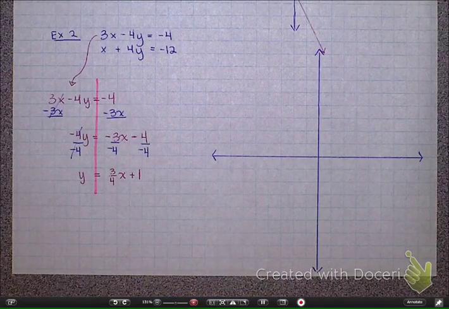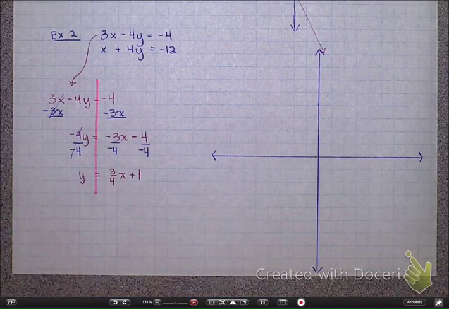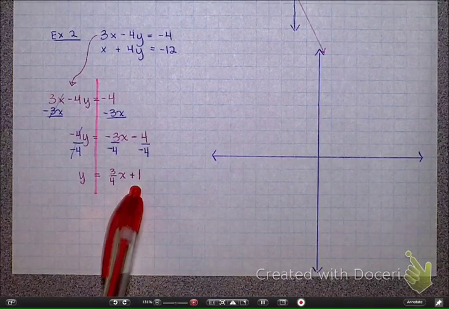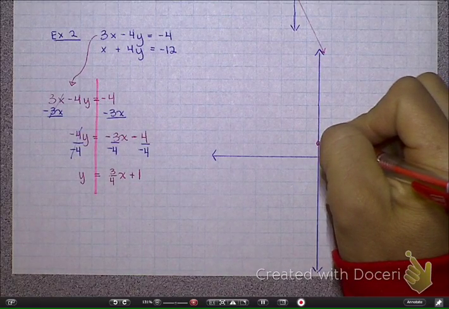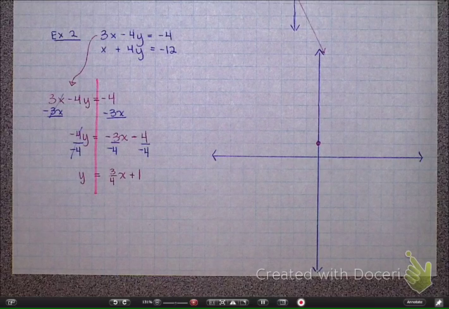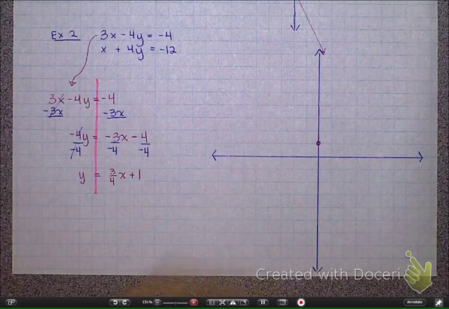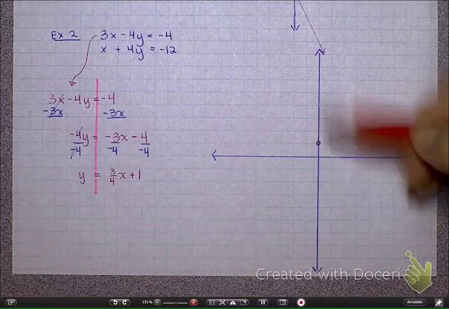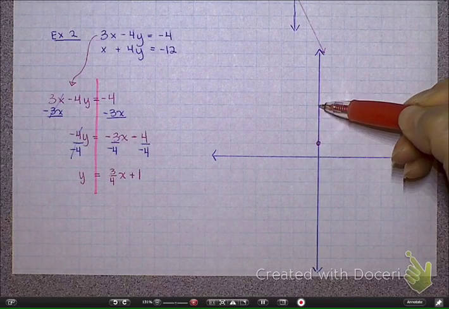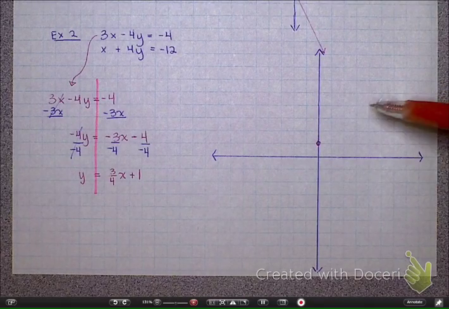Okay, so what's your y-intercept on this one? Positive 1. So let's put positive 1 onto the y-axis right there. Okay, what is your slope? Rise 3, run 4. So remember, we always run to the right. So up 1, 2, 3, run 1, 2, 3, 4.